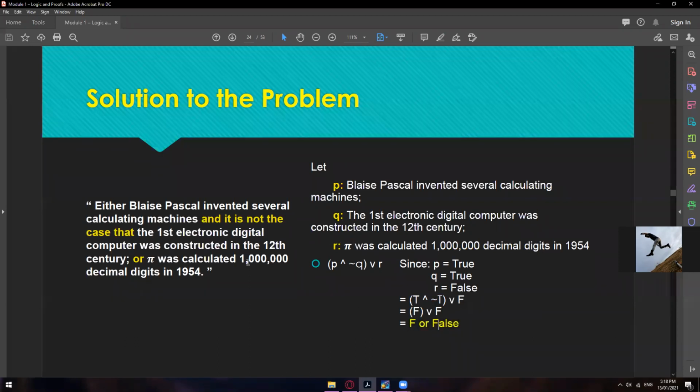Okay? So we could say that this entire paragraph, or these entire three statements, are false. Okay? So are we clear so far? Yes, sir. Yes, that's good.